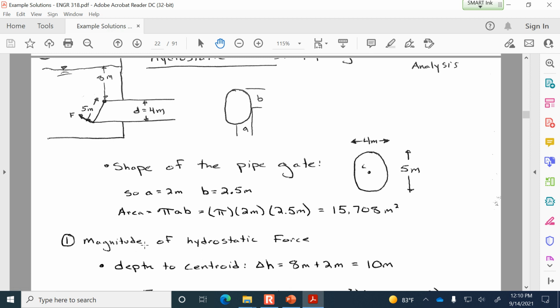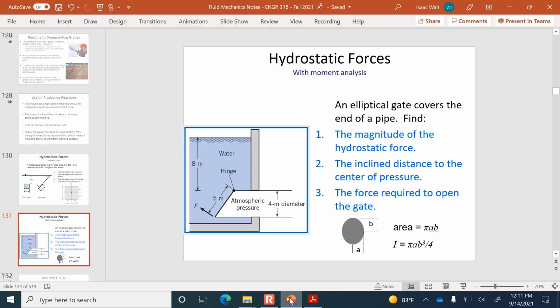And the force magnitude is going to depend on the depth of the centroid, and the depth of the centroid is the 8-meter distance from the water surface to the edge of the gate.